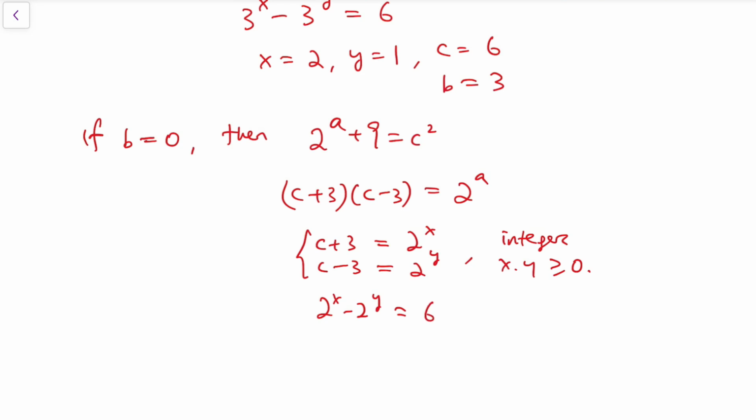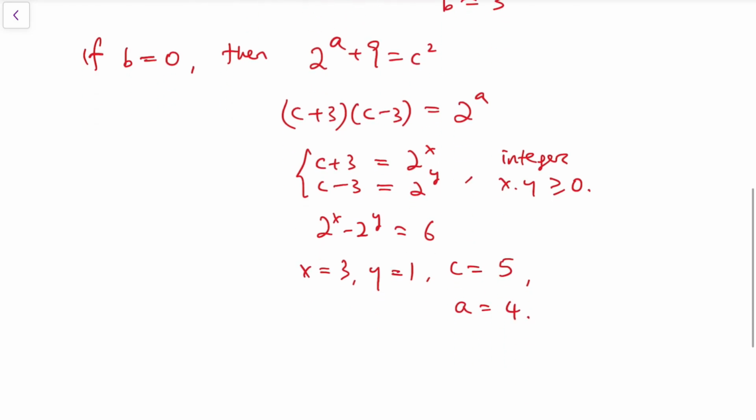Then the difference of these powers of 2 is equal to 6, and the only solution is x equals 3 and y equals 1. From that, we have c equals 5, and so a equals 4. So another solution is (4, 0, 5). So this is what happens when one of the unknowns is equal to 0.